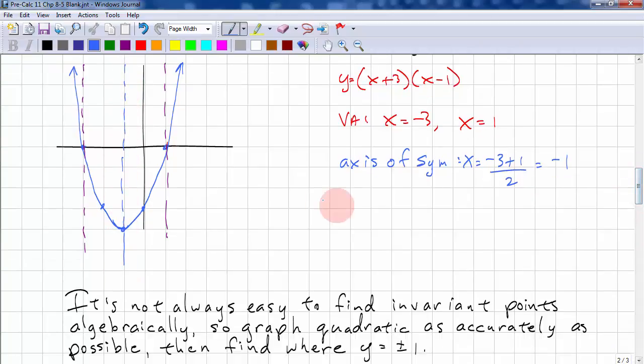And finally, our vertex is on the axis of symmetry. So we just plug in negative 1 for x. We get negative 1 plus 3 is 2. Plug negative 1 into here, negative 2. So we end up with negative 1, negative 4. That's the way we can plot the quadratic if it's not given.